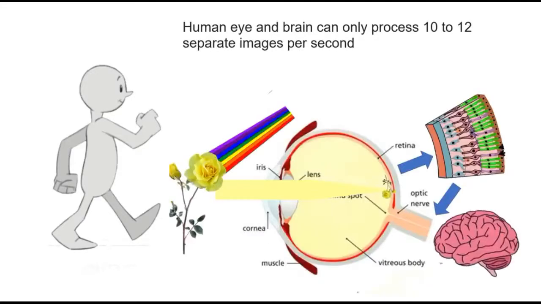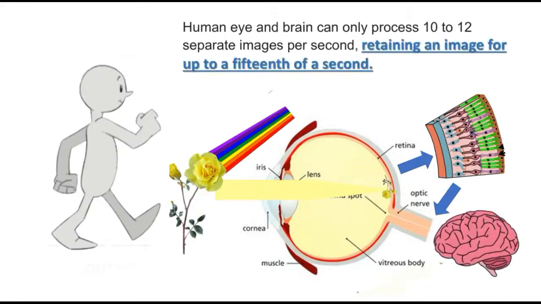For example, if a flower is there, the image of the flower will be processed and then the signals are sent to the brain. But that processing is done in such a way that the human eye and brain can only process 10 to 12 separate images. So then what happens is the image is retained on the retina for some time, around 1/15th of a second, right?